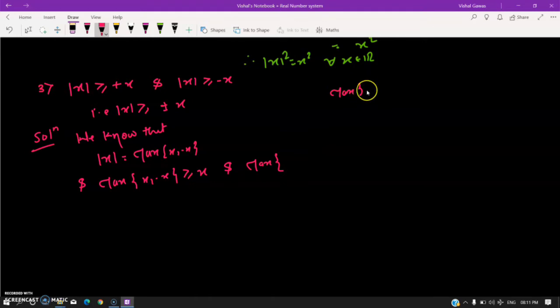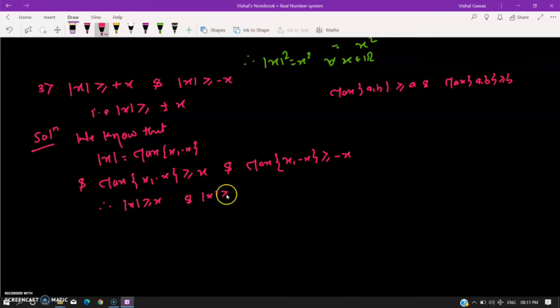Recall this, maximum of a comma b will be bigger than a, and maximum of a comma b is always bigger than b. So this maximum of x comma minus x will always be bigger than negative of x. Therefore, if I combine both, mod x is bigger than plus or minus x.